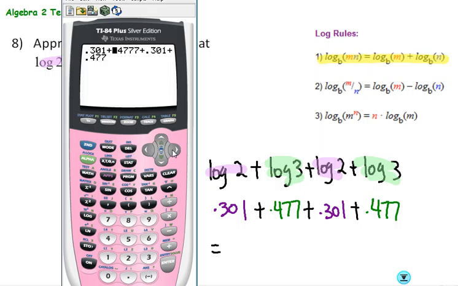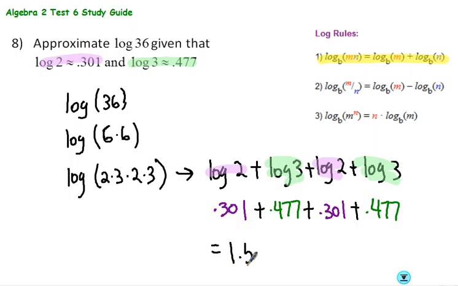Sometimes that happens. 1.556 is what we should have come up with there. So again, what you're trying to do is take a number they throw at you, 36, and figure out how you can rewrite that number using only the values they give me, which would be 2's and 3's.